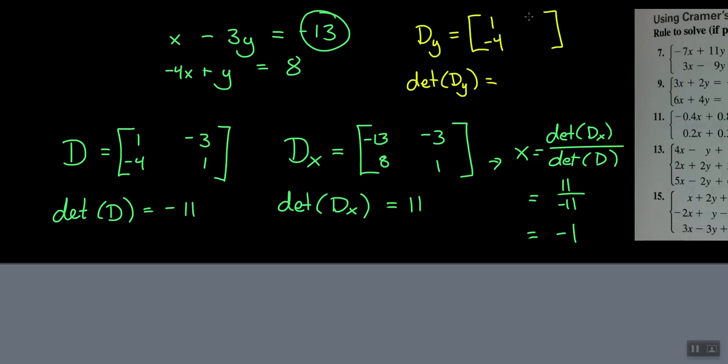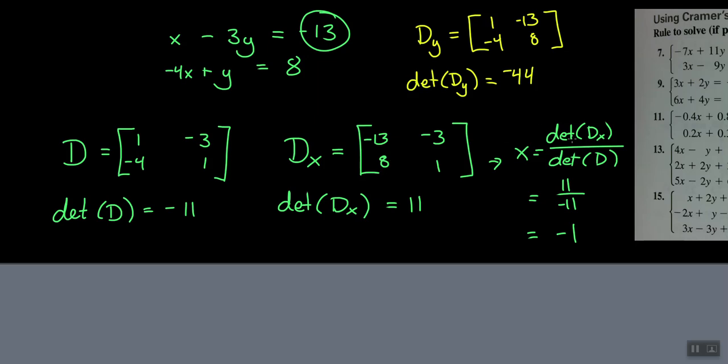But then the y coefficients change to what? -13 and 8. So let's see, that becomes 8 minus a negative, so 8 plus 52. Is that right? 4 times 13, is that 52? Yeah, minus. Minus 52, thank you, that's -44.